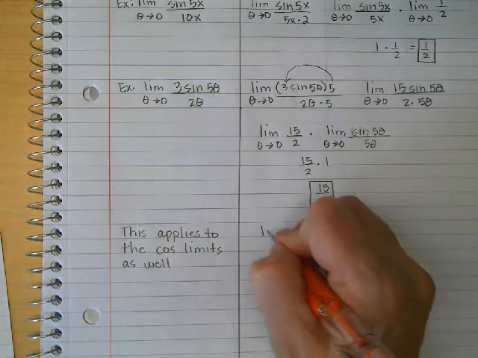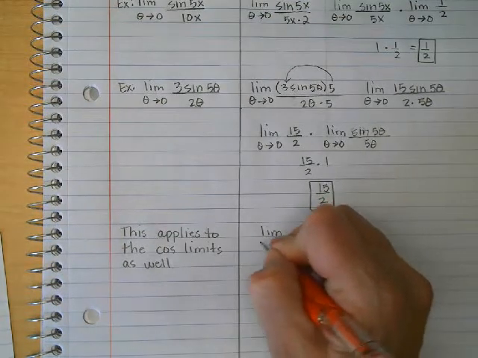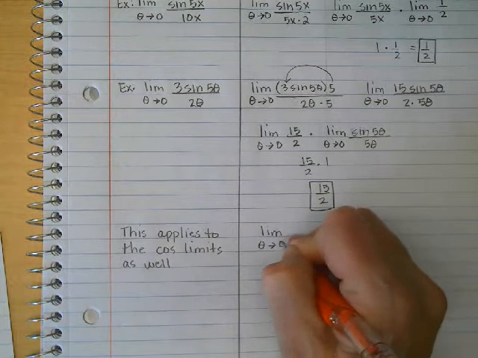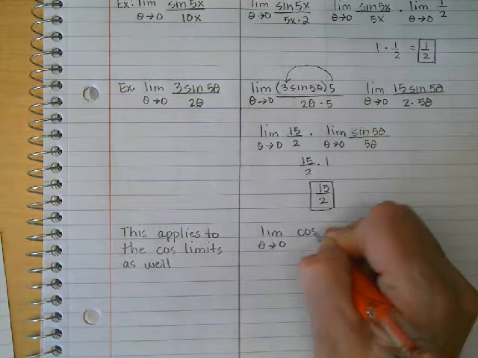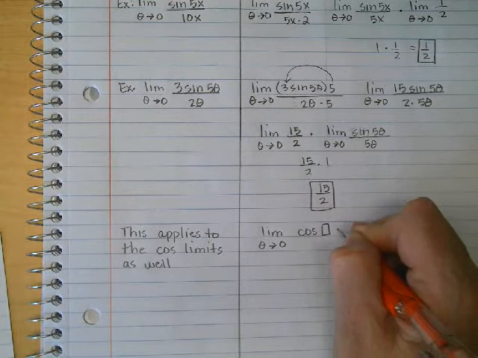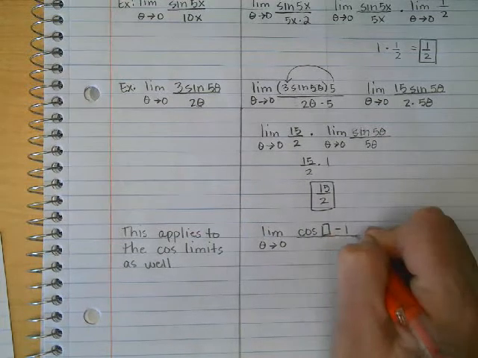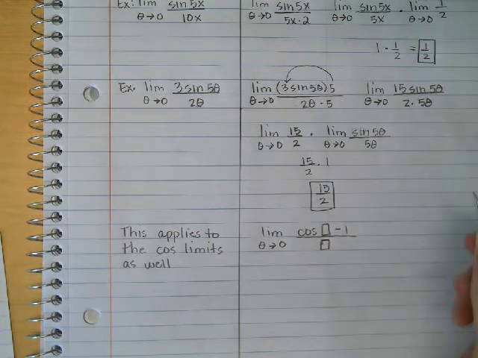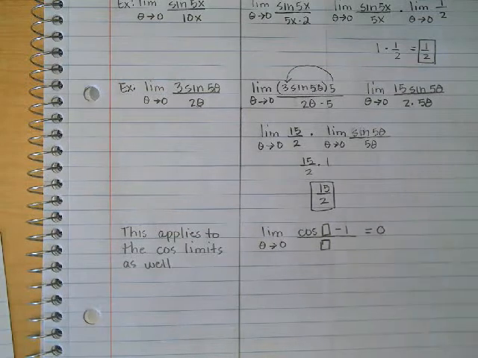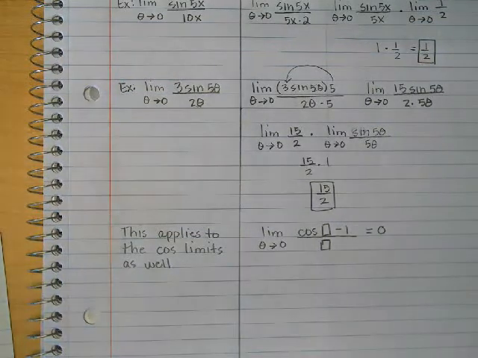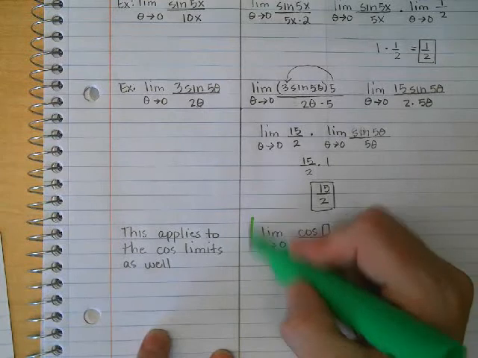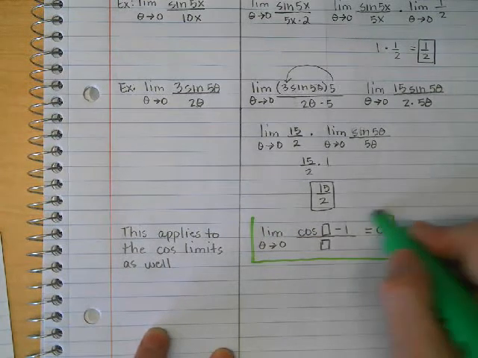As long as we have the limit and we have a box over a box, if those are the same, that's going to be equal to 1, and we don't have to prove it.